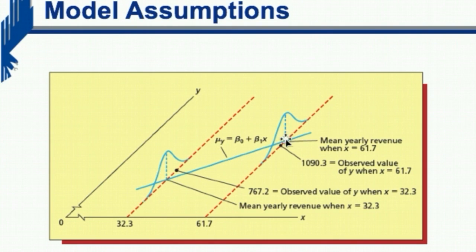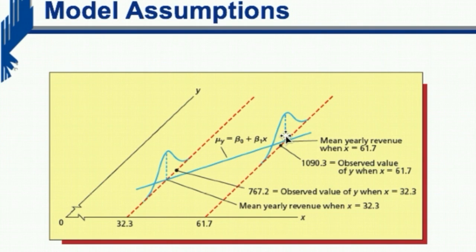So that's also something that is shown here. For this particular value of x, which is 61.7, the average value for y is equal to this point. And again, the possible values for y when x is equal to 61.7 follow a normal distribution with mean at this point, and then the values can be lower or higher than that point.